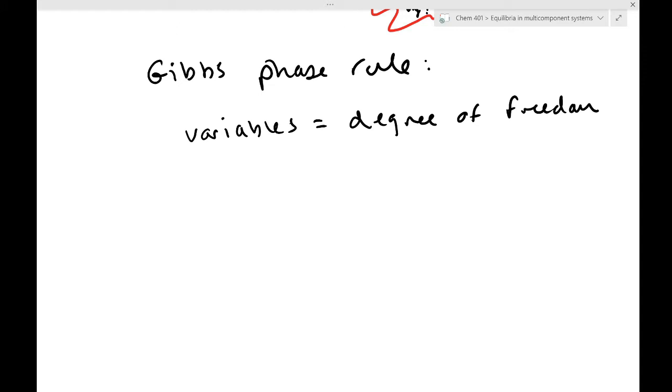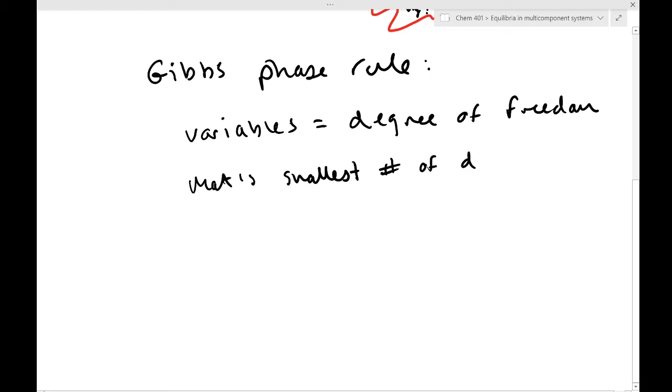And I guess the phase rule more succinctly asks: what's the smallest number of degrees of freedom? I call these DOFs, by the way, just to make it nice and short. What's the smallest number of degrees of freedom needed to describe the state of a system?